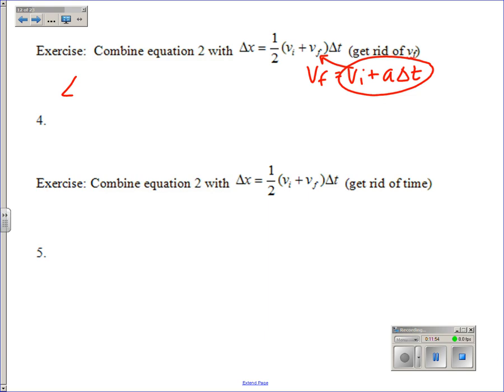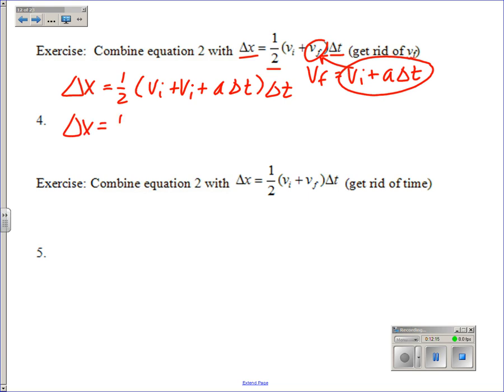So I'll write delta x equals 1/2 vi plus, now instead of vf, I'm going to write vi plus a delta t. And then I still have a delta t. Now I'm going to simplify.